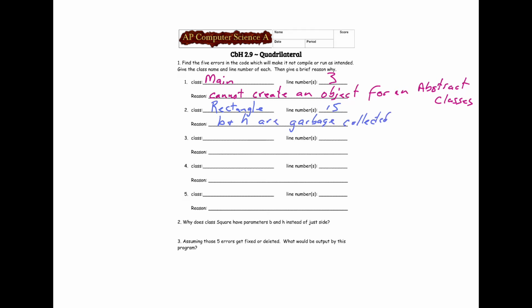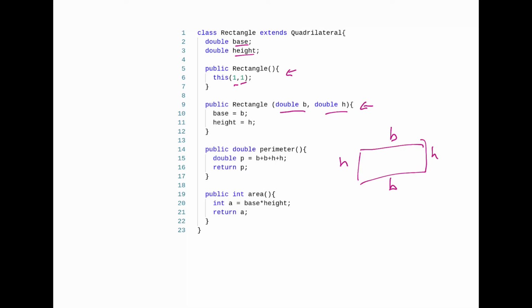All right, so our reasoning here is that b and h are garbage collected. So if I go to line 15, those variables should say base plus height. Let me erase that. Plus height.